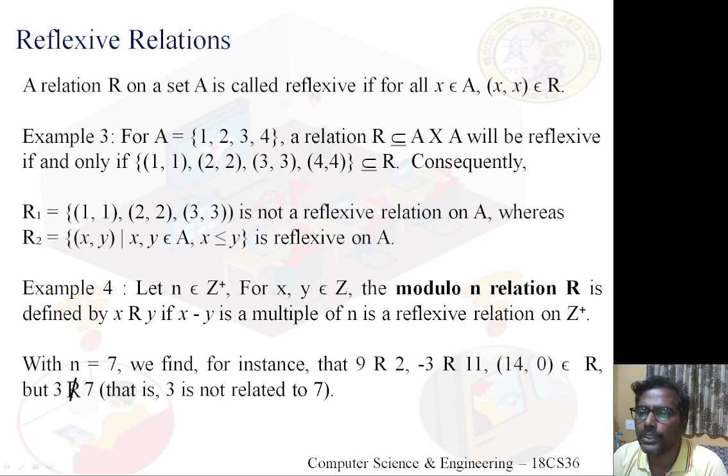R1 is not reflexive on A because there exists an element 4 in A for which the ordered pair 4, 4 does not exist in R1. Got it? That is why R1 is not a reflexive relation.